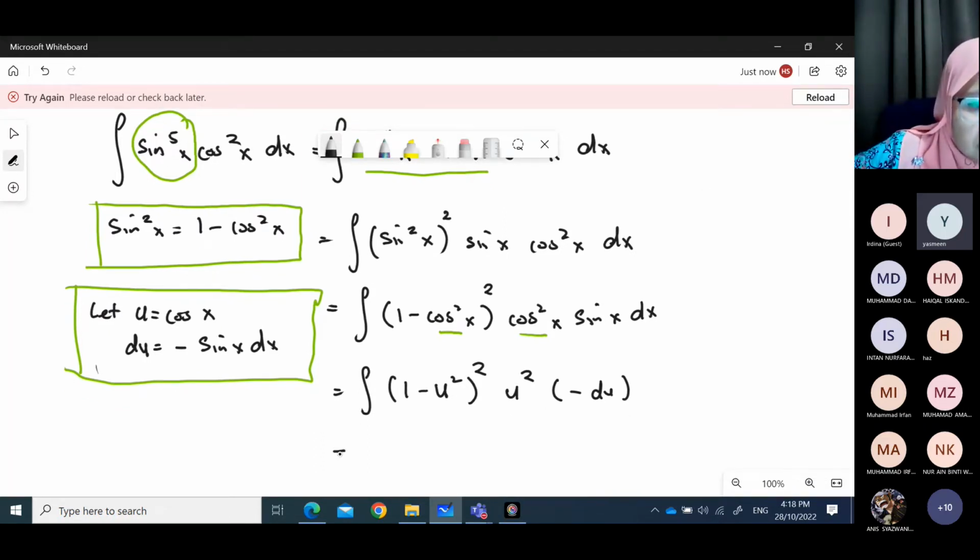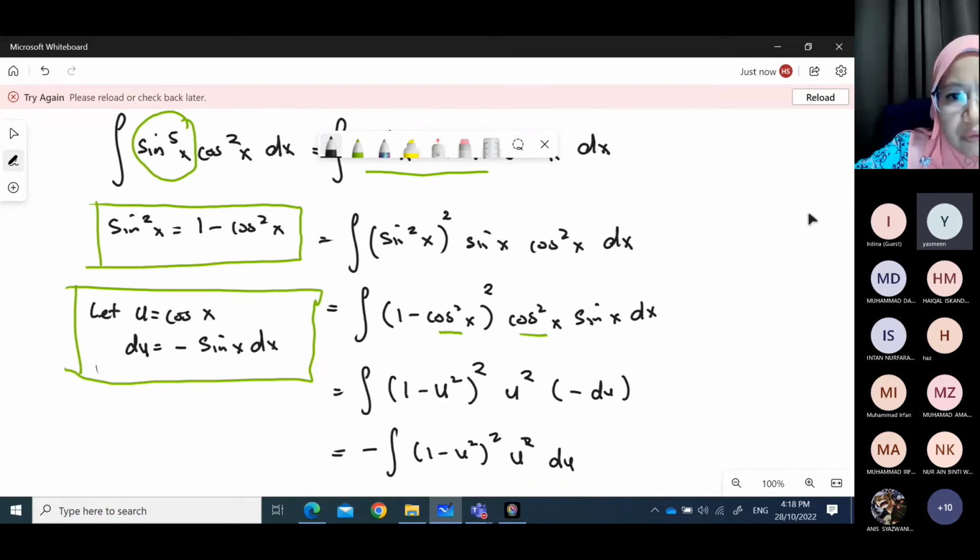Okay, so since kita ada negatif kat sini, so mudahlah you bawa dia keluar. So kita akan jadi negatif integral times this integration. Then we have negative integral of 1 minus u squared to the power of 2 u squared du.